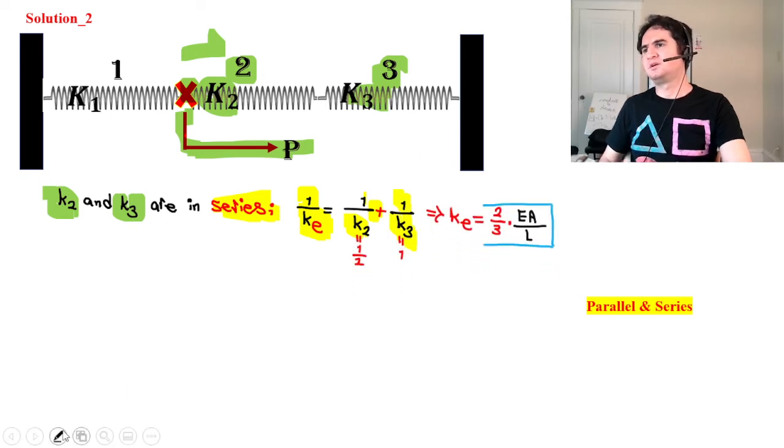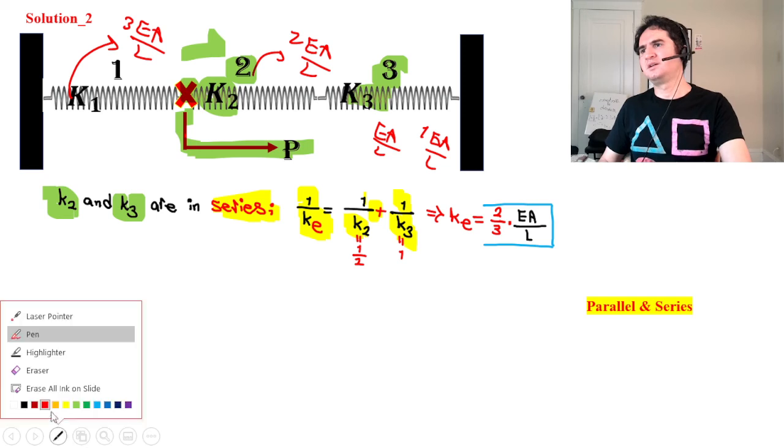If you remember, the very first one was EA over L, the other one was 2 EA over L, and the last one was 3 EA over L. For now, forget about EA, just go by the numeric value.